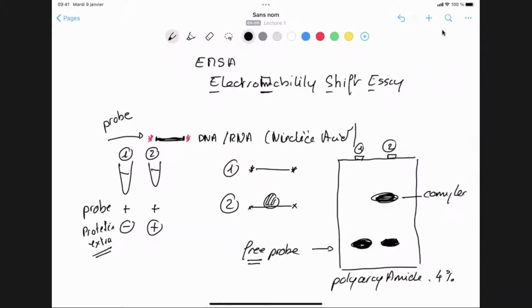So the migration occurs in that direction. So the smaller molecules are at the bottom, and big complexes on the top. Okay, so this we call the electromobility shift, because there is a shift in the mobility because of the presence of the protein. Do you understand the concept of this?